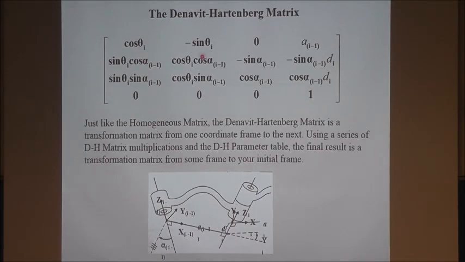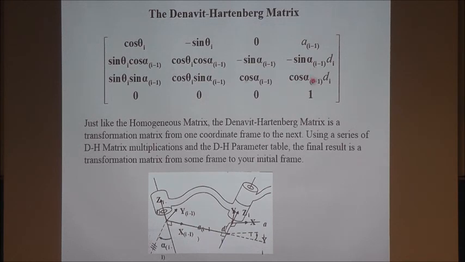Cosine of theta i, minus sine of theta i, 0, and a_{i-1}. The second row is sine theta i cosine alpha i minus 1, cosine theta i cosine alpha i minus 1, minus sine alpha i minus 1. These are all going to come from the multiplication of those different coordinates together.